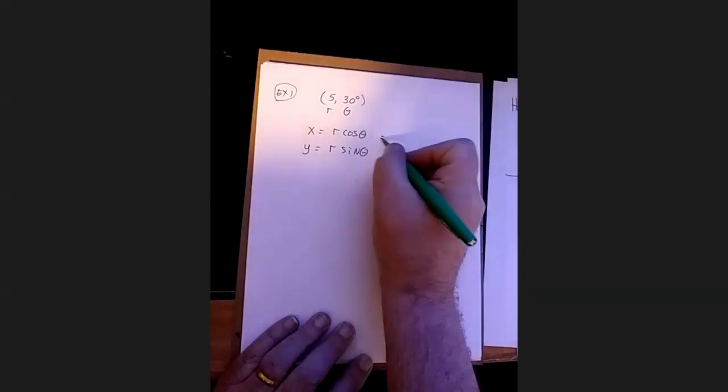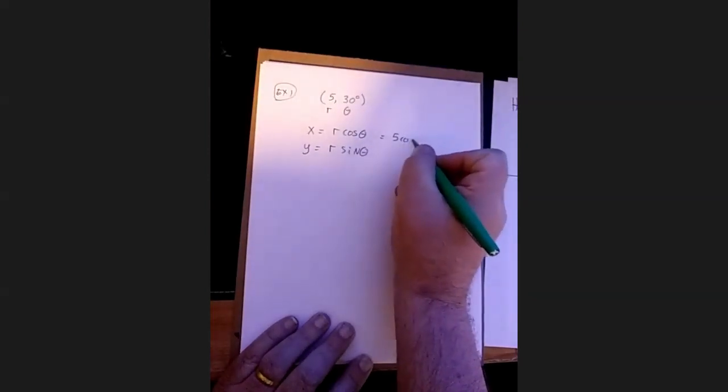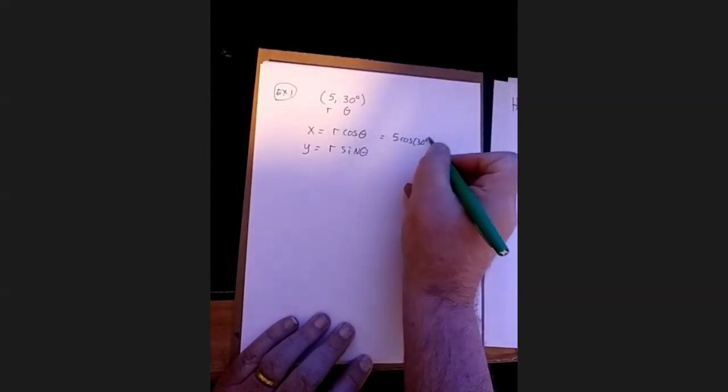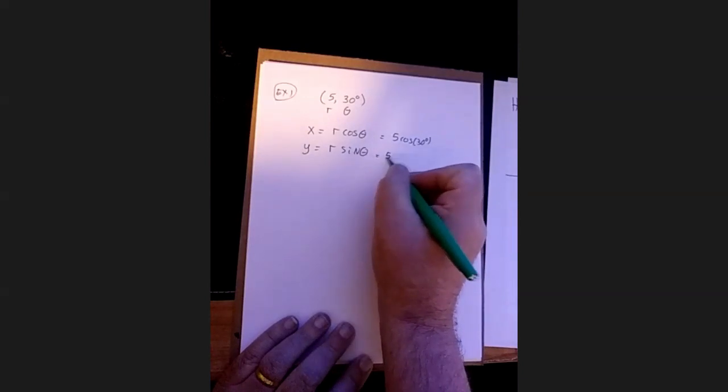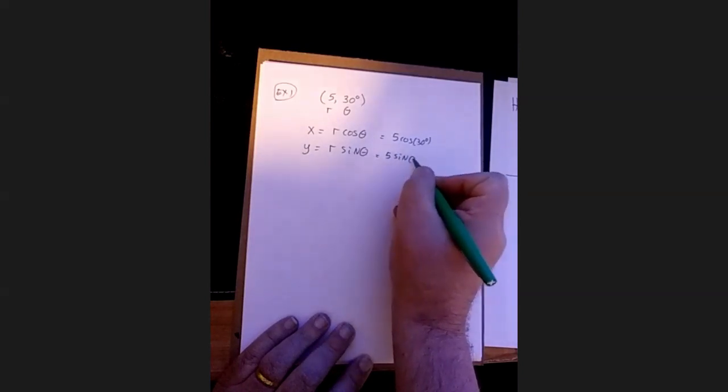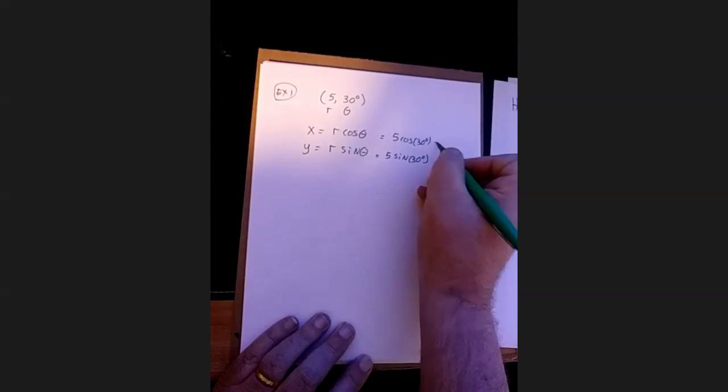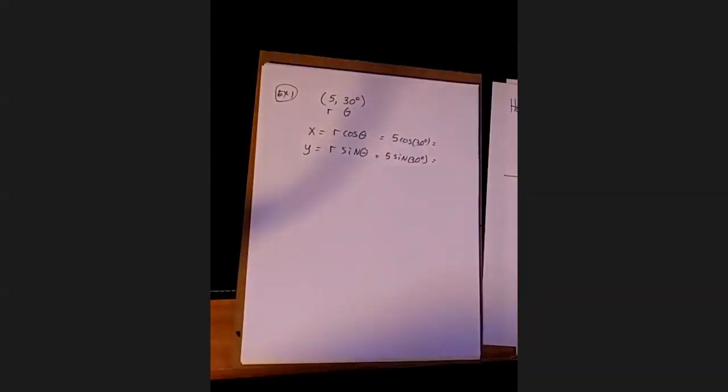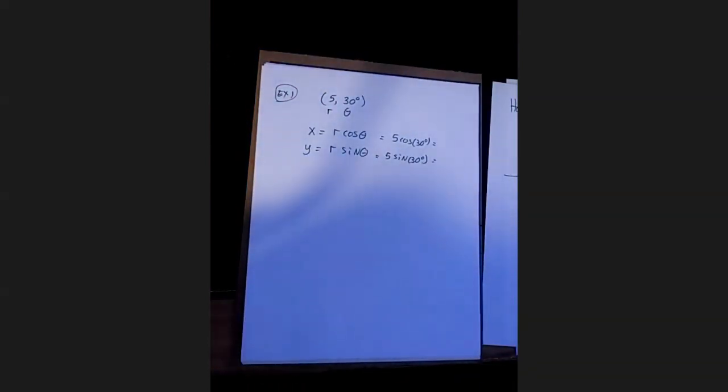Now in this case, r is 5, and the angle is 30 degrees. Okay, you need to have your unit circle handy, as you should for every section we ever do. What is the x coordinate of 30 degrees?